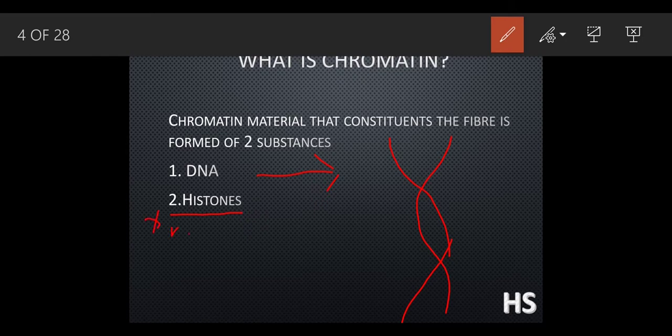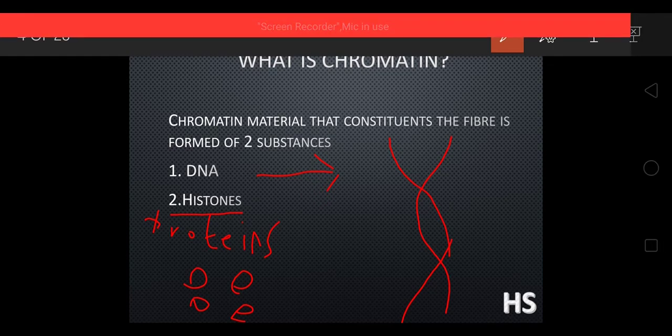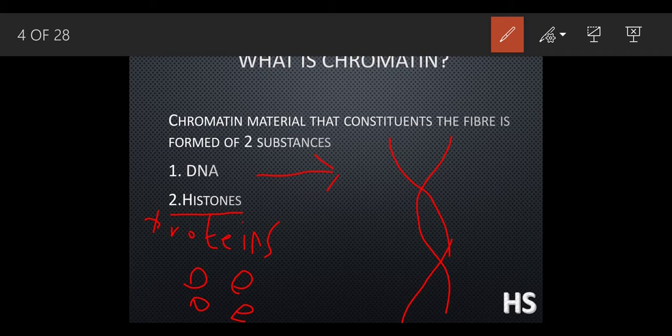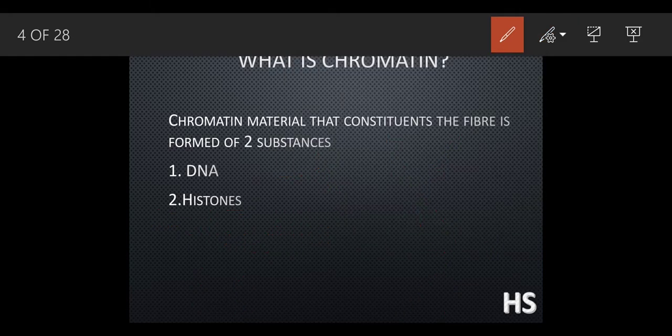Histones are nothing but proteins, like a ball you can assume. These are the histones. But how does chromatin get formed by this histone and DNA? The numbers are very fixed. About 40% of the chromatin fibers are made up of DNA and 60% of histone.